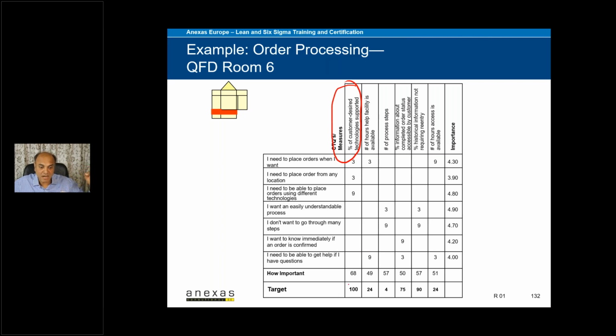So my target would be 100%, which means whatever technology the customer wants, I would be able to support. If there are 7 technologies which the customer wants supported, I would support all 7, and that's what my strategy is. So I've given targets for all the CTQs.